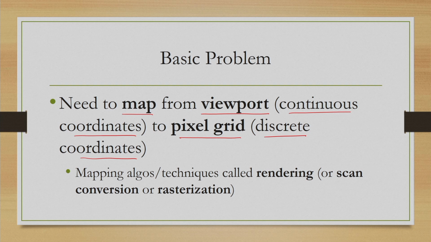Now, these mapping algorithms or the techniques that we use for mapping are collectively known as rendering, or more popularly they are called scan conversion or sometime rasterization, as we are mostly dealing with raster scan devices. So, all these three terms are used: rendering, scan conversion or rasterization.